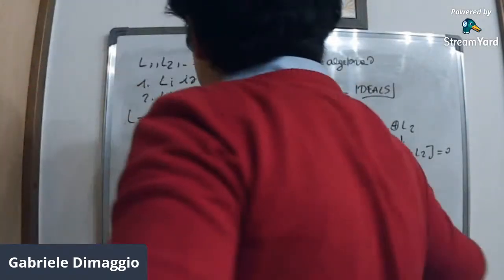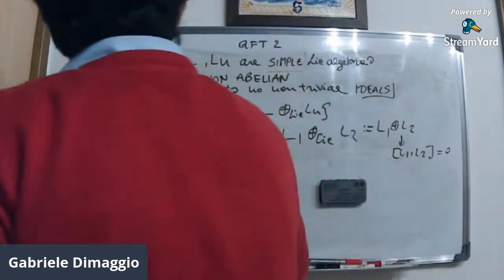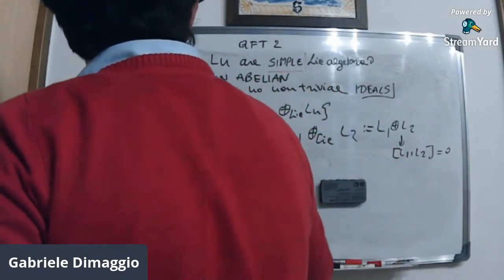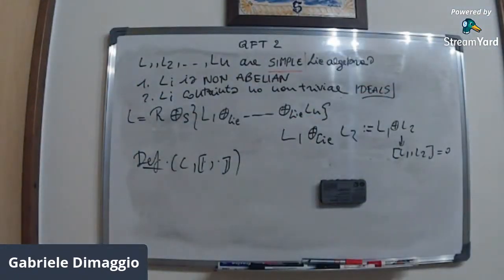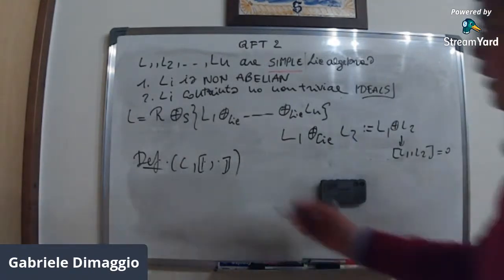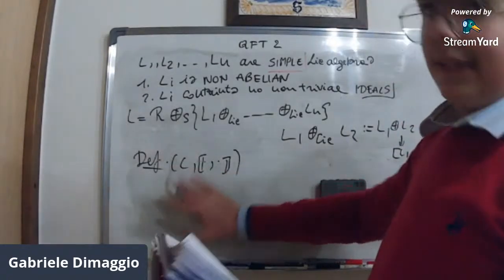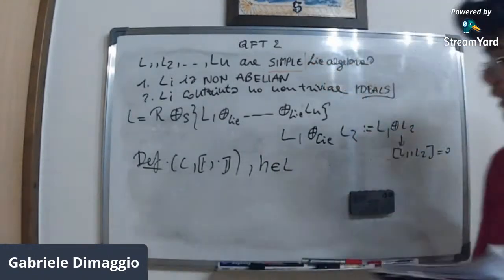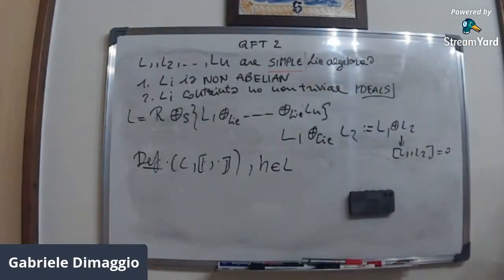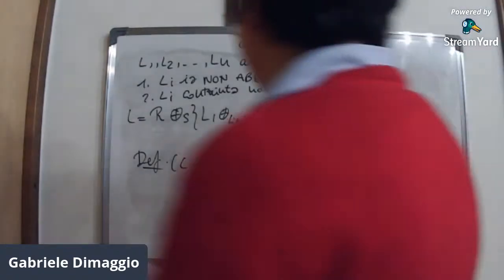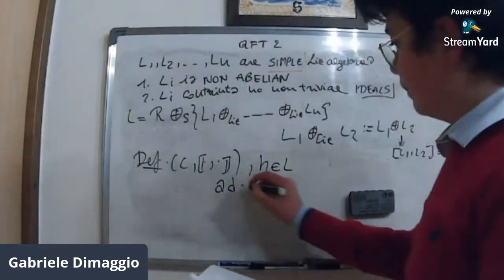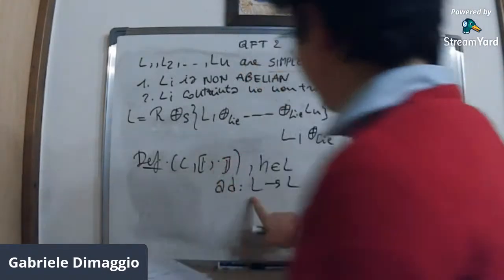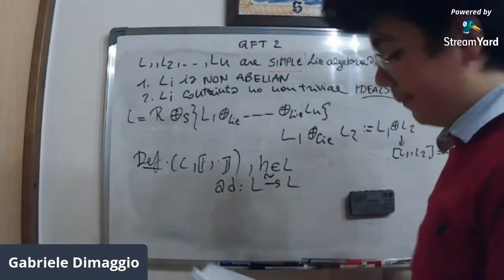Perfect. Now, definition. I take a Lie algebra L with commutator, with Lie bracket. This is a complex Lie algebra, and I have H, a vector in the Lie algebra. And I have the adjoint map. The adjoint map is a linear map from L to L, so it's linear.